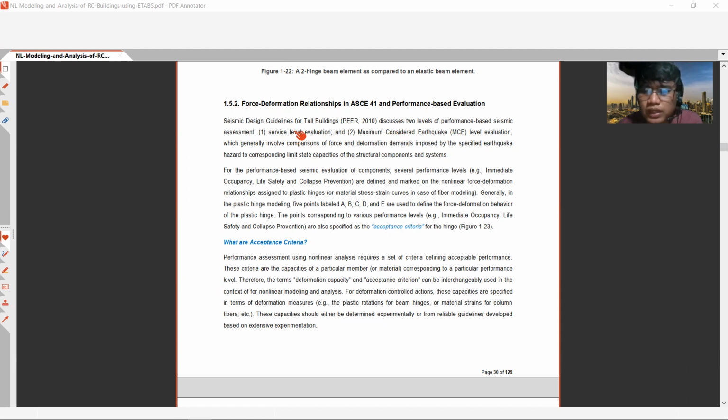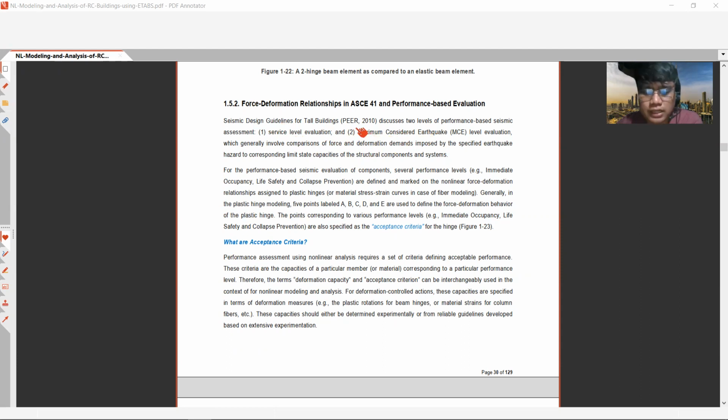As I know, the SLE, or service level earthquake, has a 50 years return period, and the MCE has a 2475, or 475 years return period of earthquake. So that's how strong the maximum considered earthquake is, that's how long its return period is. And the service level earthquake is only a 50 years return period.